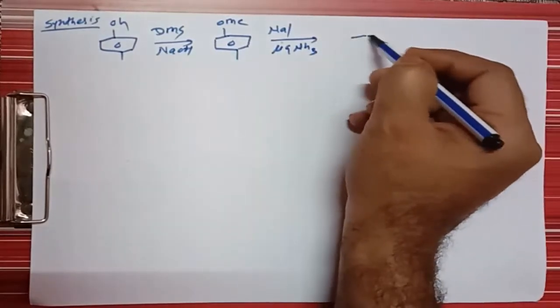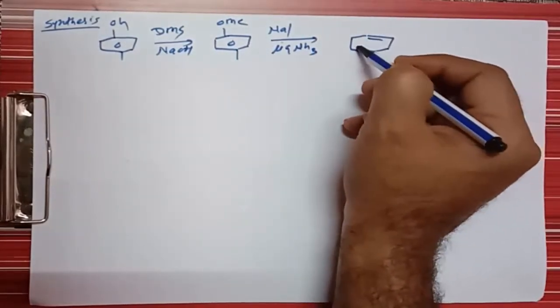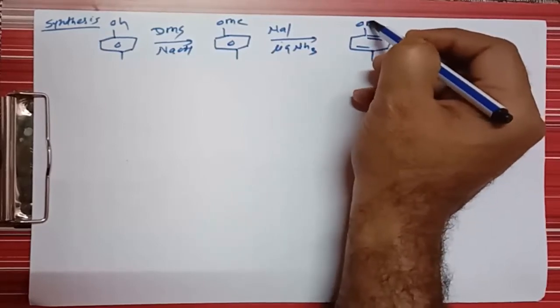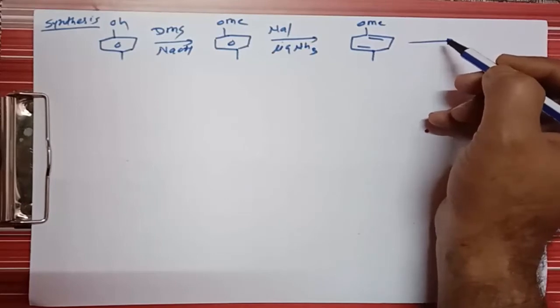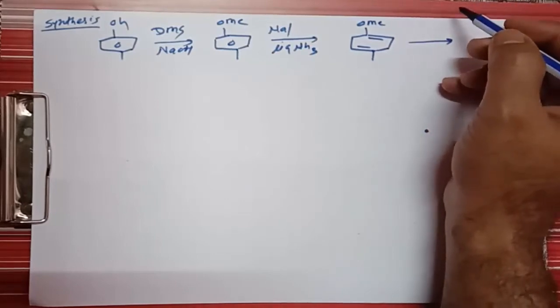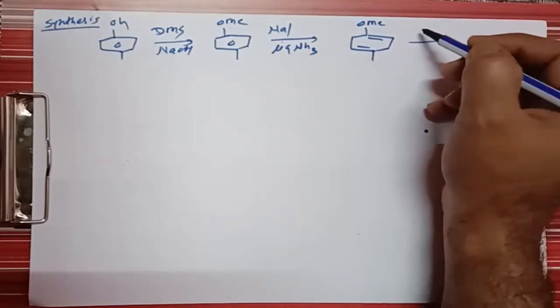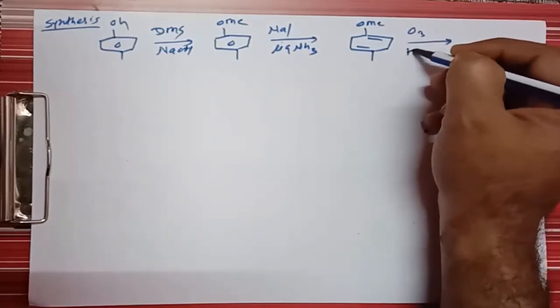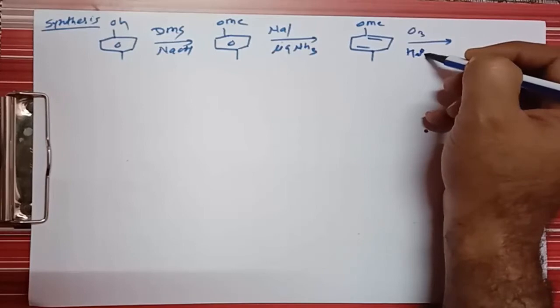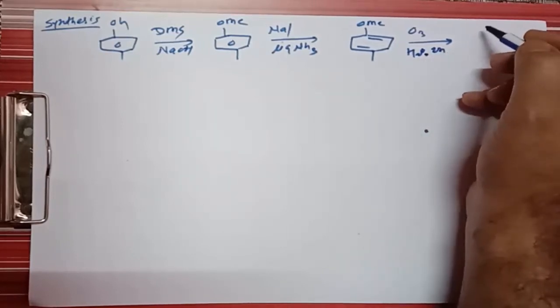So what it gives? It gives an adjacent double bond at this position, and here is OMe, right. Now if we go for the ozonolysis, in the ozonolysis and in presence of H2 and zinc, so what it gives?